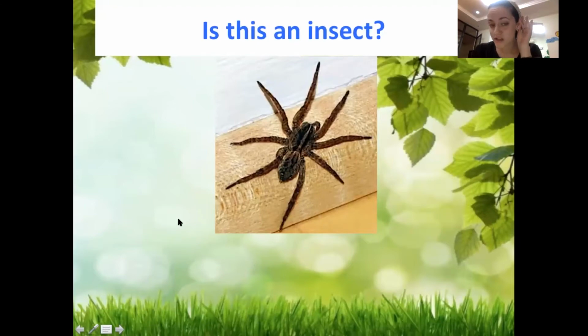Ready? 1, 2, 3. Good, no. Puppy, why are spiders not insects? Because spiders have 4 legs. Yeah, exactly. They have 4 legs on each side instead of 3. So they have 8 legs, and insects only have 6 legs.